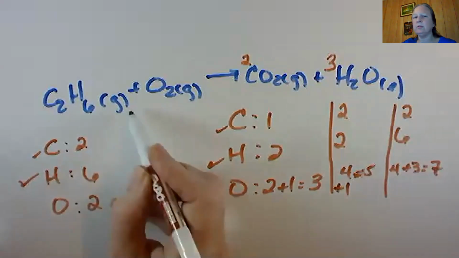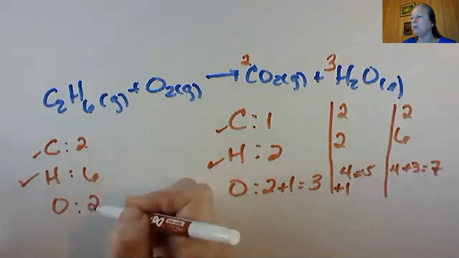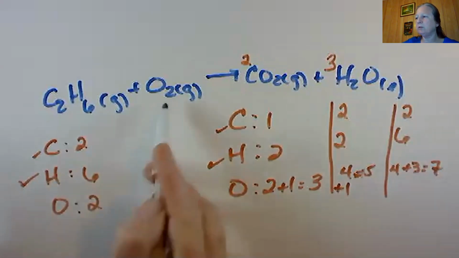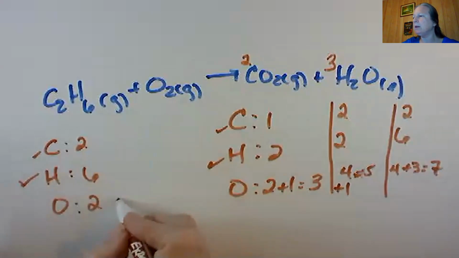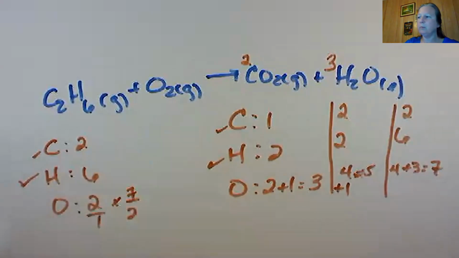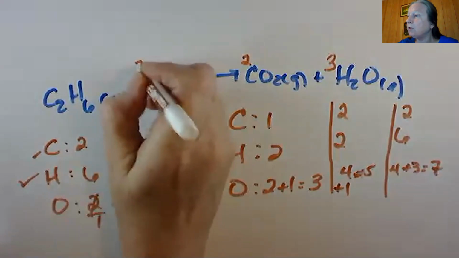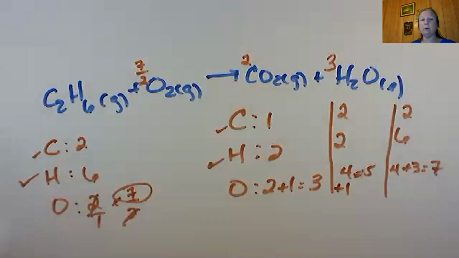I need to turn this into 7. Well, how do we turn 2 into 7? Because it's a subscript. We multiply it times 7 halves, right? Because then my 2 is going to cancel out and I have a 7 there. So I actually am going to put 7 over 2 as that coefficient. That will give me balanced. I now have balanced my oxygens.